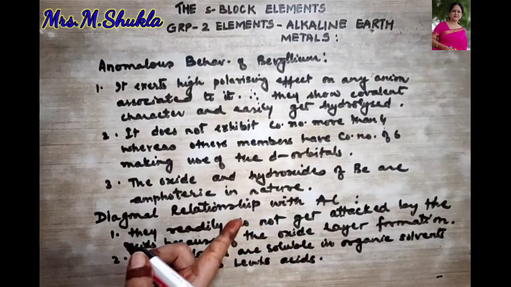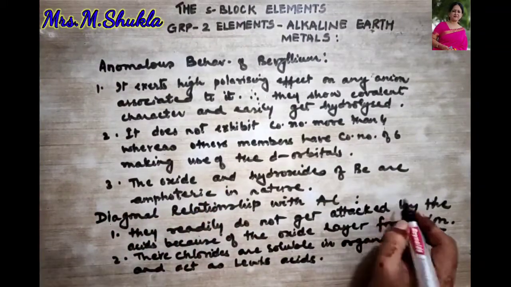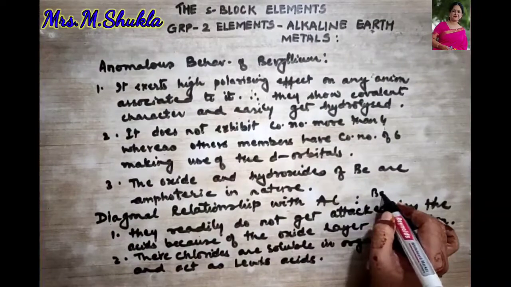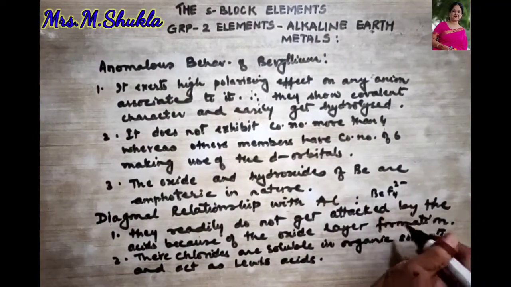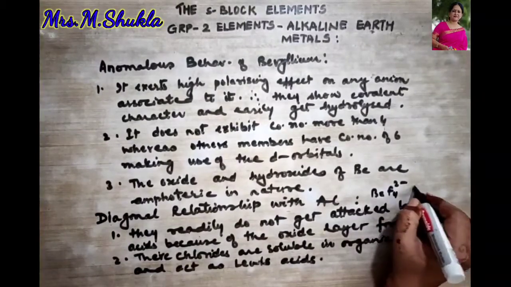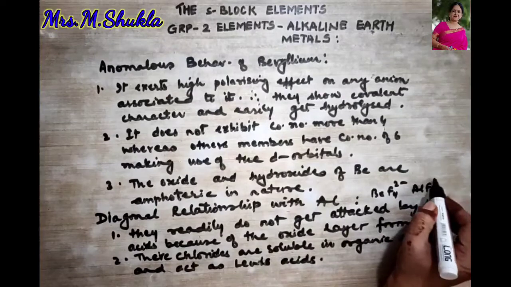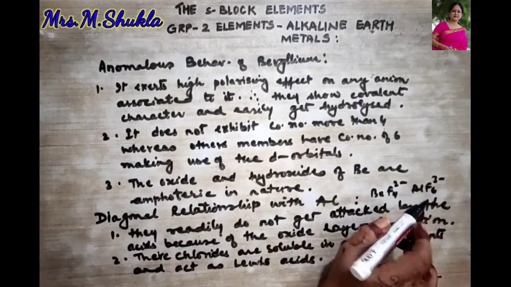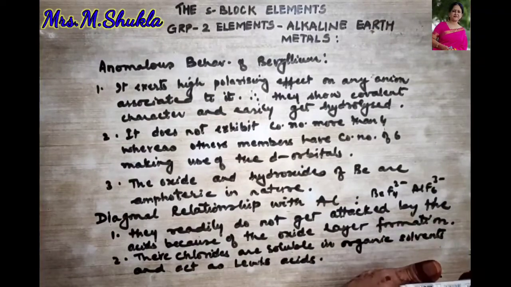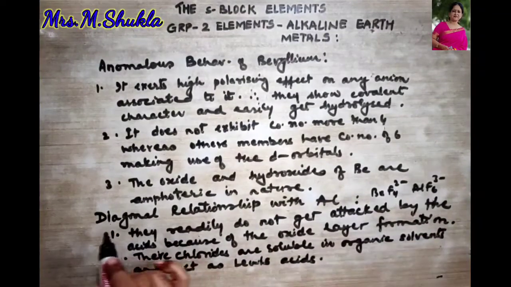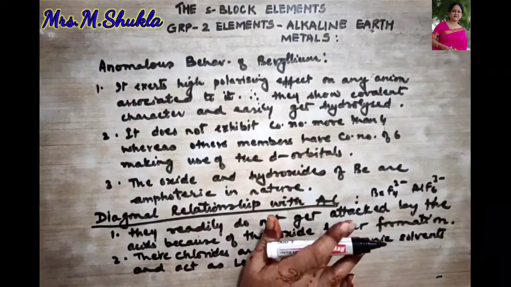And lastly, both of them have the tendency to form complex ions. Clear? So these were some of the similarities of beryllium with aluminium.